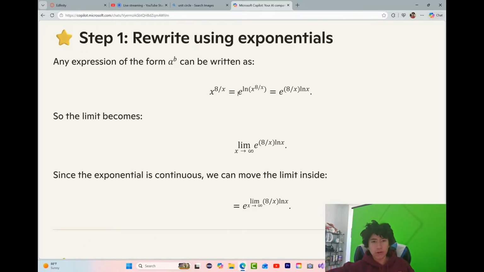Oh wait, hold on, no, that's what we're doing, though. Oh, crap, we forgot to do that. 8 over x, natural logarithm. Oh, hold on, no. We simply want to rewrite this expression.